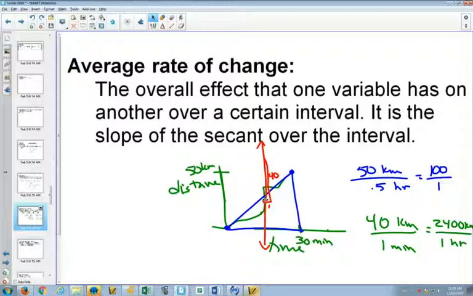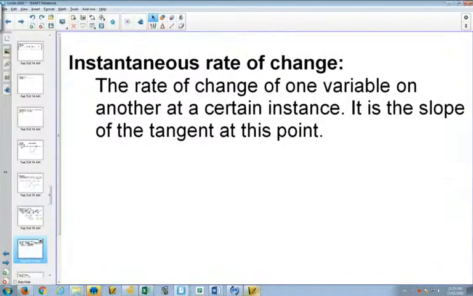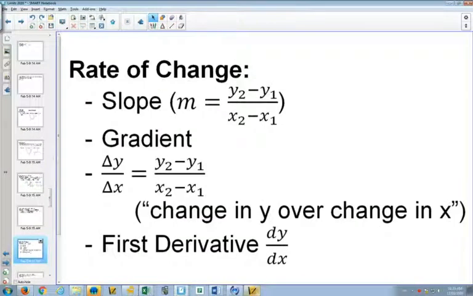I don't know what equation they use to calculate tickets, but I'm sure that would be a very, very bad one. So that's the difference between an average rate of change and an instantaneous rate of change.